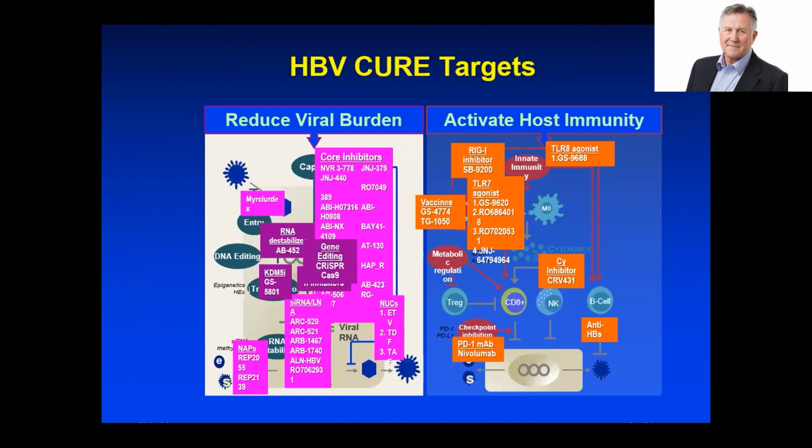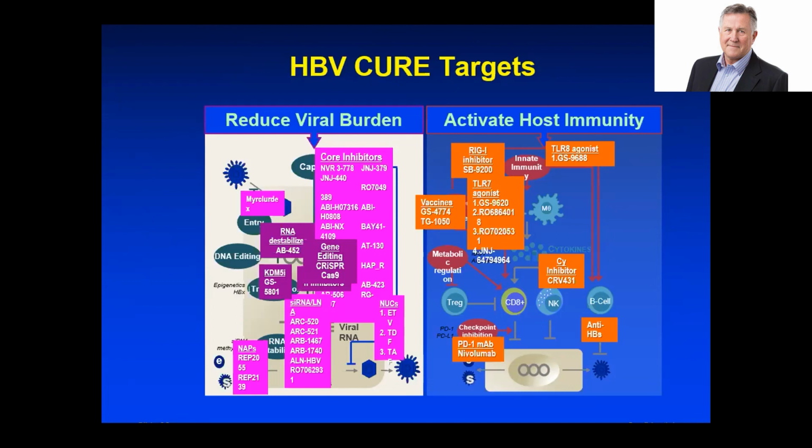So there's been an absolute explosion in new targets for hepatitis B, which are now in development. They're in early stage development, sort of phase 1 moving to phase 2, so they're not that far away. And the cure targets are basically based on two different approaches. One, you want to reduce the viral burden, and there are a whole different bunch of targets available.